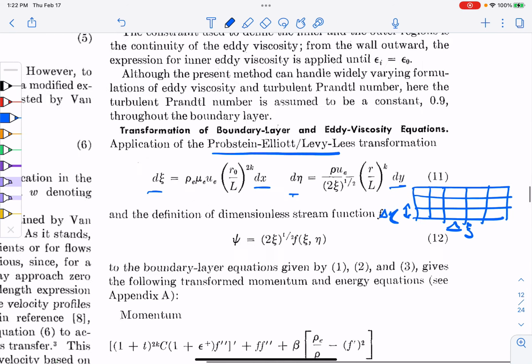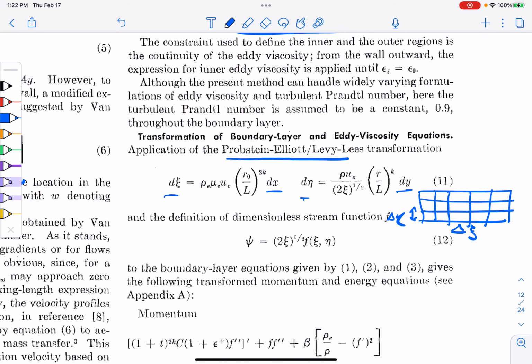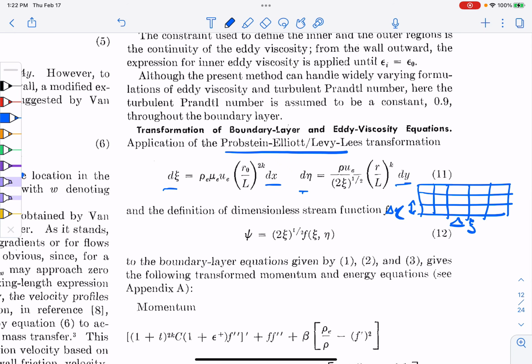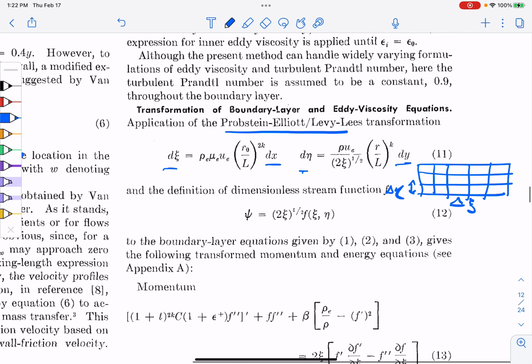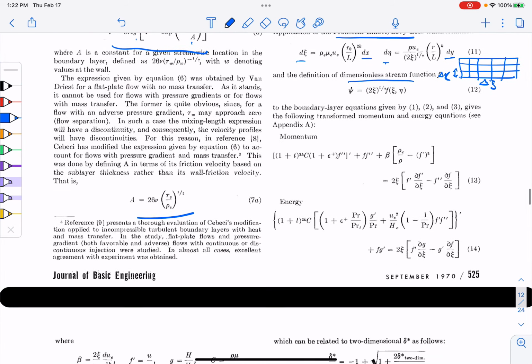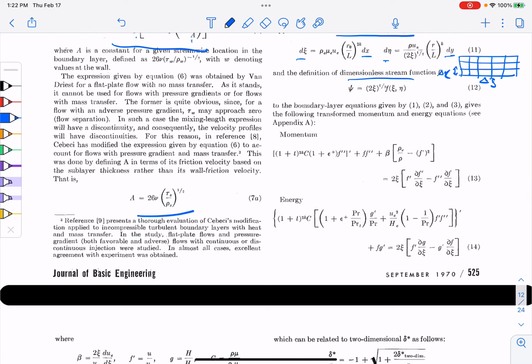And when we talk about the third computer project, we'll talk much more in depth about this transform. So we're not going to use one this complicated, we'll use one simpler. I mentioned he solves it for a stream function, and when he does all that work, he can recast his equations 1 to 3, that is the momentum equation, equation 2, and energy equation, equation 3, in this form.